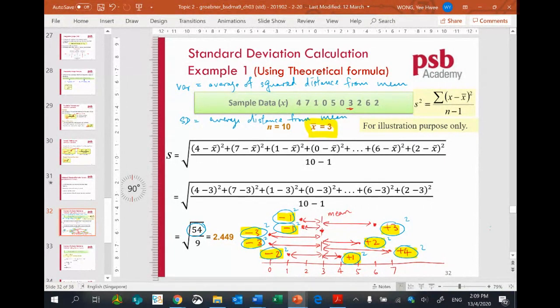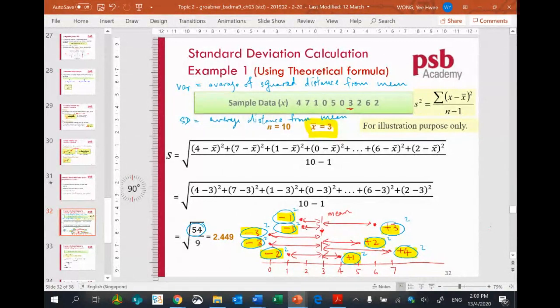Calculation is easy, but what does it mean? When you calculate the standard deviation, if you know what it means, then you can know whether your calculated number makes sense or not. So standard deviation means the average distance of all the numbers here from the mean.